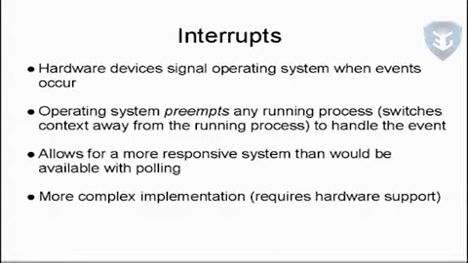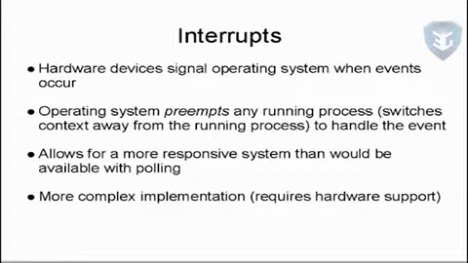In other words, it will switch what we call context away from that running process to handle the event. Basically, it will move the program counter of the CPU to the code to handle that particular interrupt. This allows for a more responsive system than we could ever achieve through polling without having to waste a whole bunch of time asking idle devices for data.